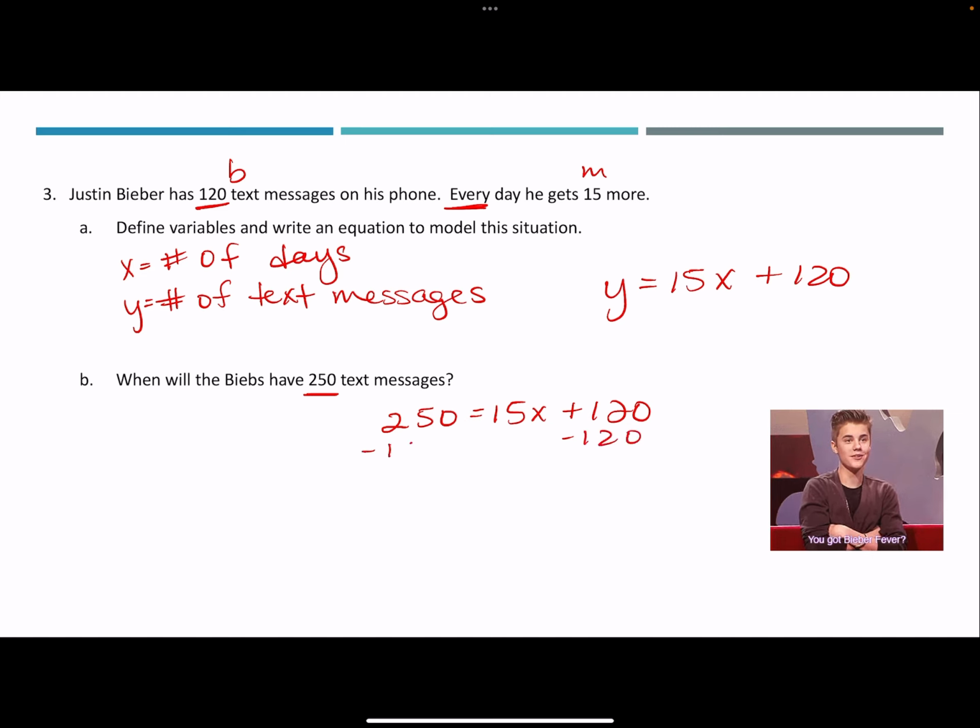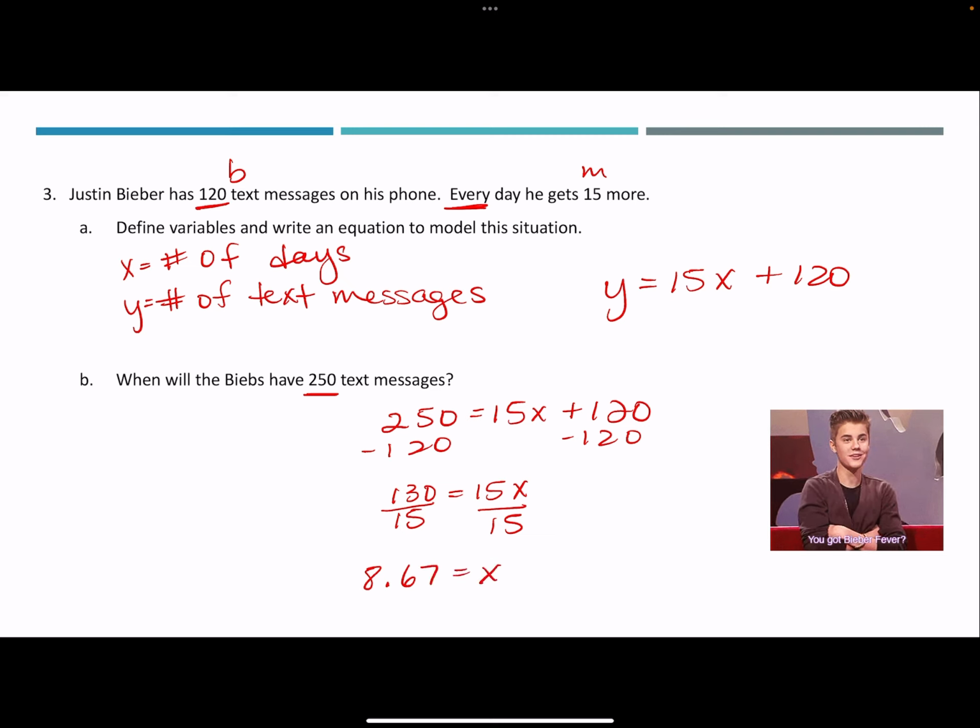Use your calculator. Think about how we would solve this equation for X. We're going to subtract 120 from both sides, and we get 130 equals 15x. And then use your calculator to solve and divide. So when I divide both sides by 15, I get a decimal. I get 8.666 or 8.7.